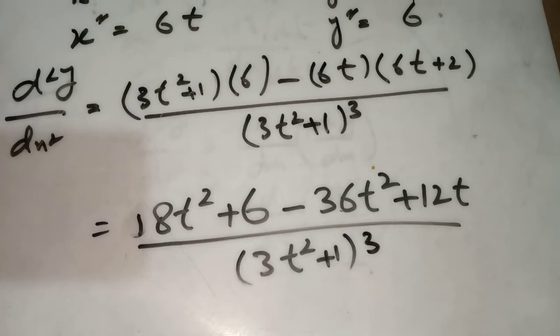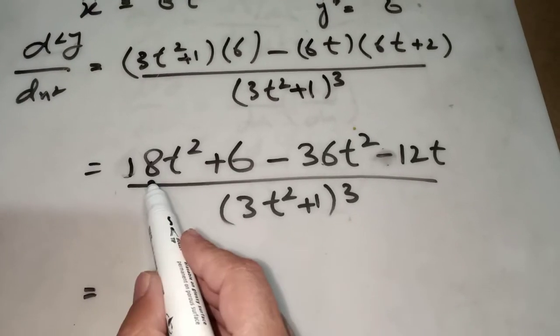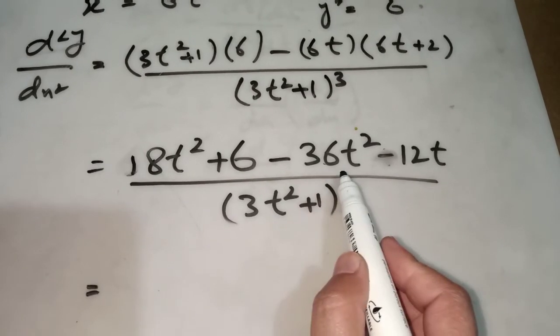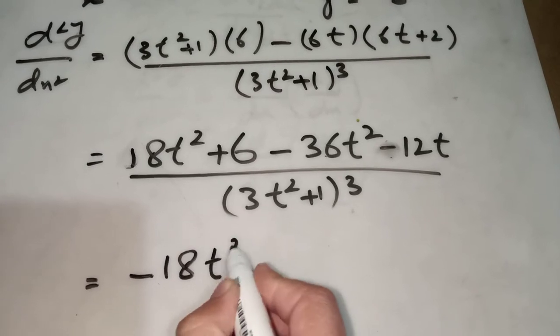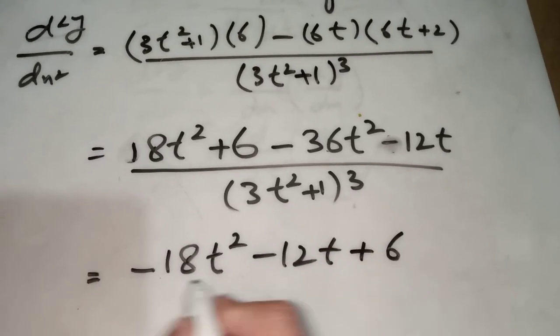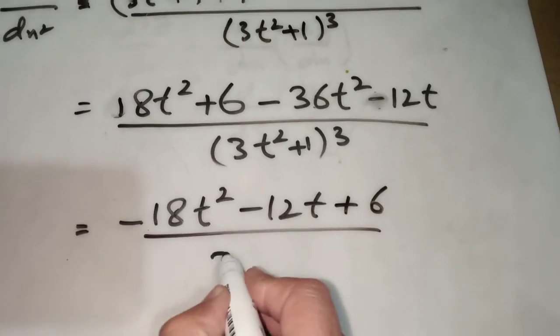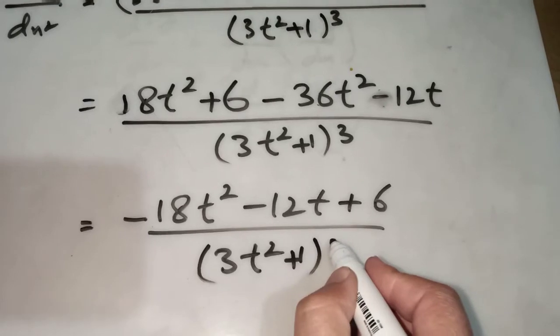Now it will be 18t square minus 36t square, which is minus 18t square, minus 12t plus 6, divided by 3t square plus 1 raised to power 3.